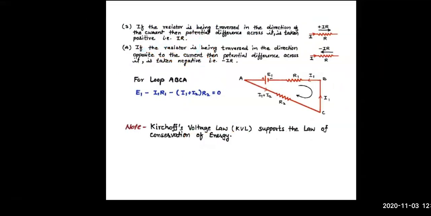Next, if our direction of movement on the circuit and the direction of current is the same, then you will take it as positive. But when the direction is opposite to that of current, then we will take the sign as negative.